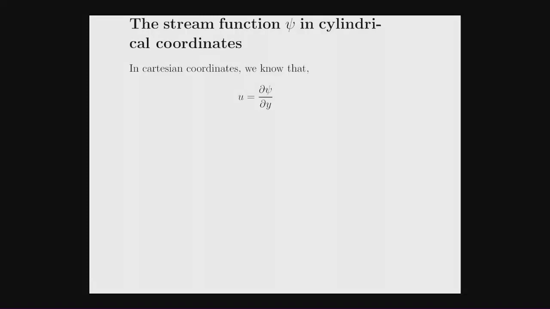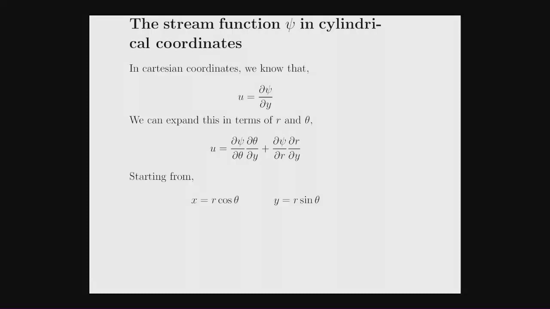So let's start with our Cartesian coordinates, where u equals del psi del y. And I can expand this in terms of r and theta, so I can get del psi del theta del theta del y plus del psi del r del r del y. Hopefully you should know this. That's basically the product rule, right?